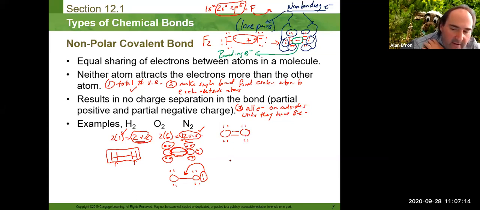And now if we count up our picture here, we have 2, 4, 6, 8, 10, 12 electrons total, which is perfect. And each of the oxygens has 8 electrons. So if you count the oxygen on the left, it has 2, 4, 6, 8 electrons with the double bond in the middle. Count the oxygen on the right. It also has 2, 4, 6, 8 electrons by sharing those ones in the middle.